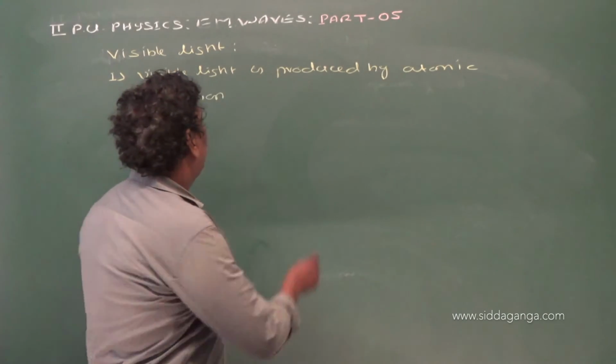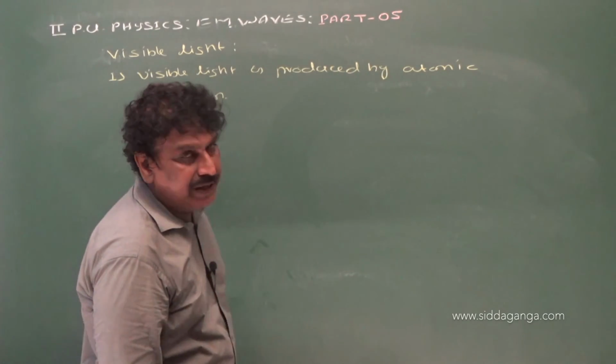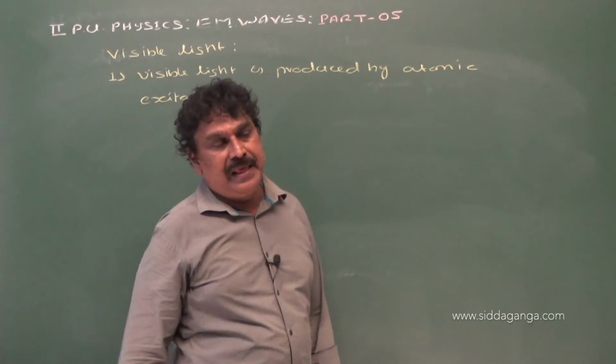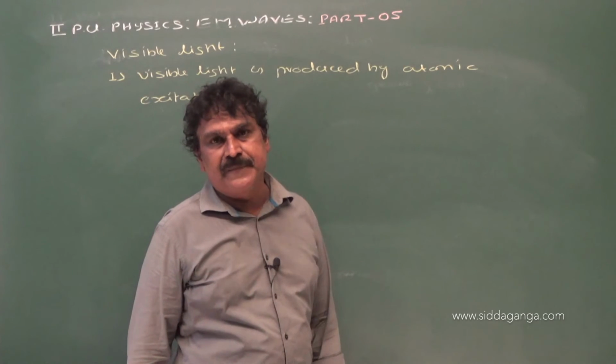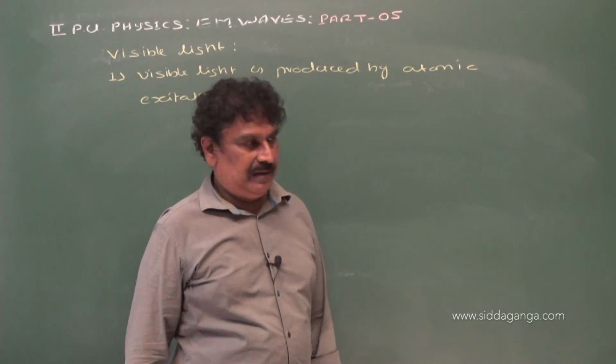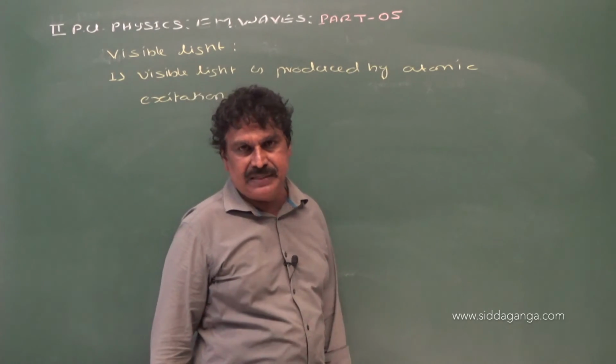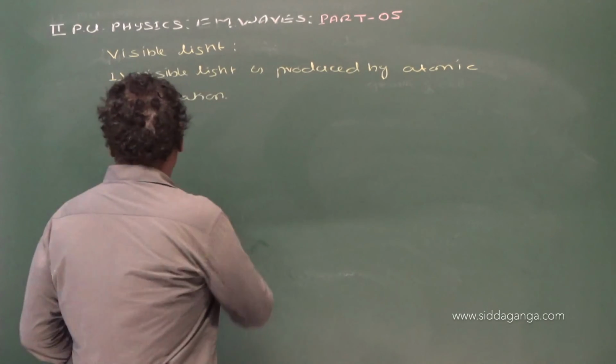So excitation of atom or atomic excitation is the source of visible light. It is for the same reason that whenever a filament lamp is heated by passing current, it emits a visible light.